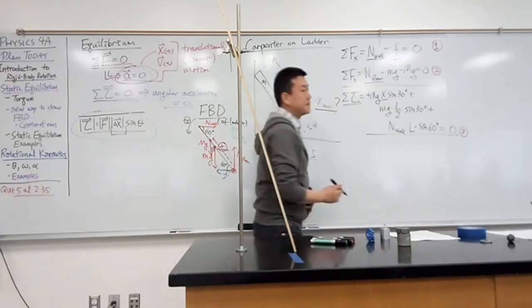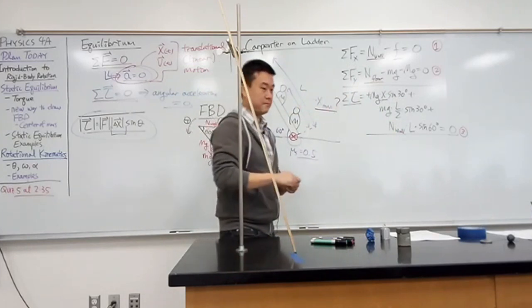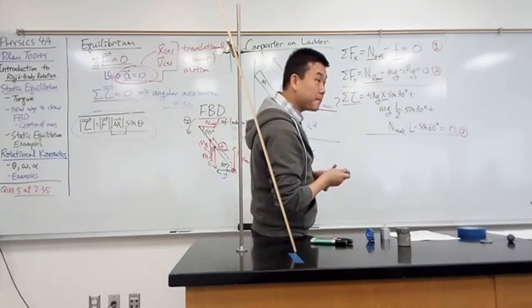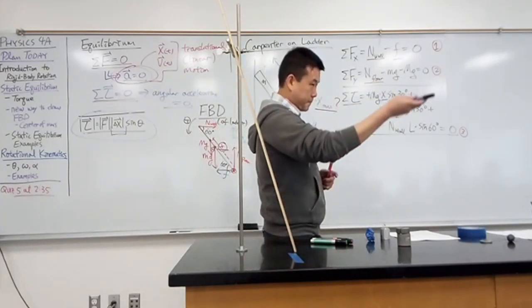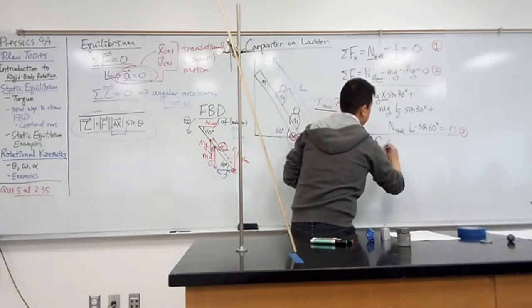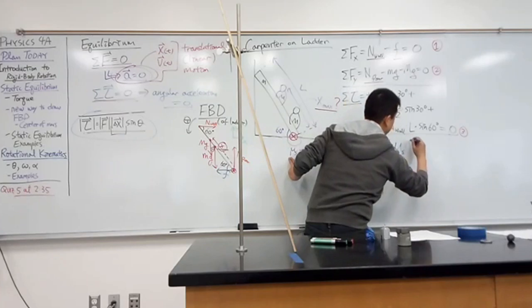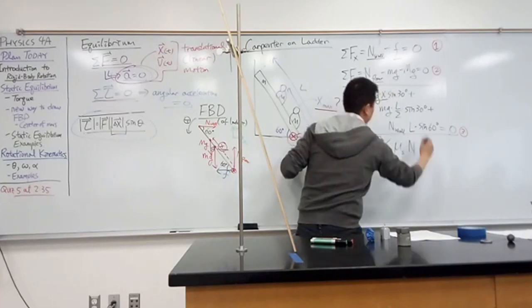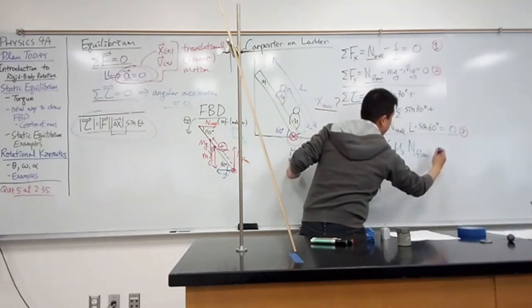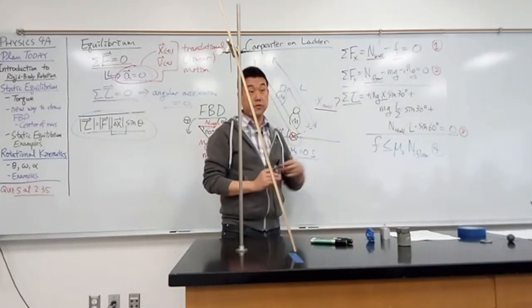Wait, that's 4 unknowns. I need one more equation. Any guesses? Asia? Yeah. Static friction condition, meaning this friction is less than or equal to coefficient of friction times the normal force from floor. So this is my 4th equation that does not introduce any more unknowns.